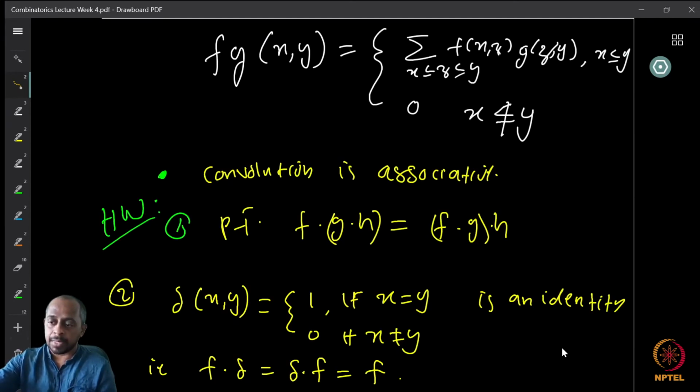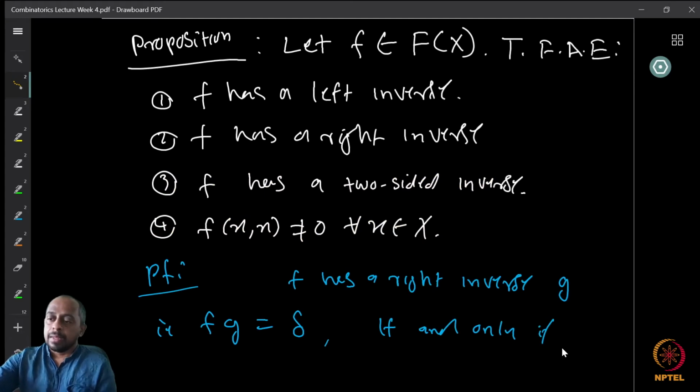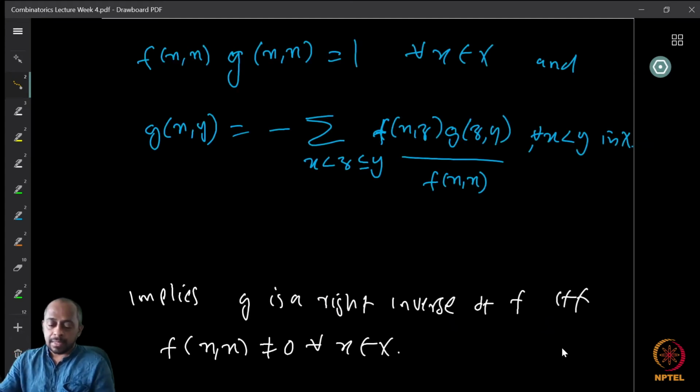Therefore, f(x, x) times g(x, x) is equal to 1 for every x in X.